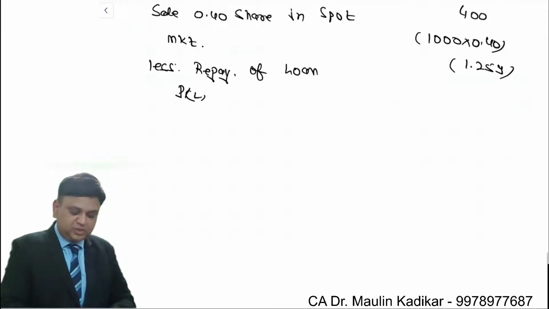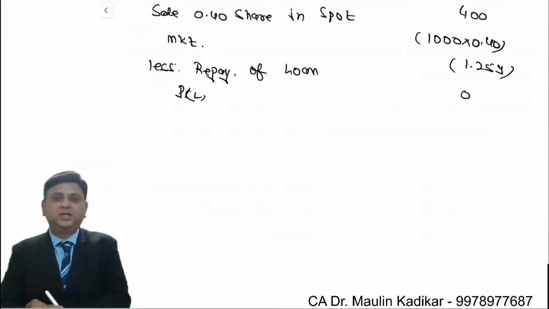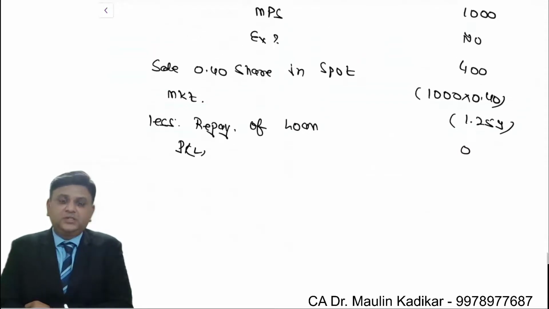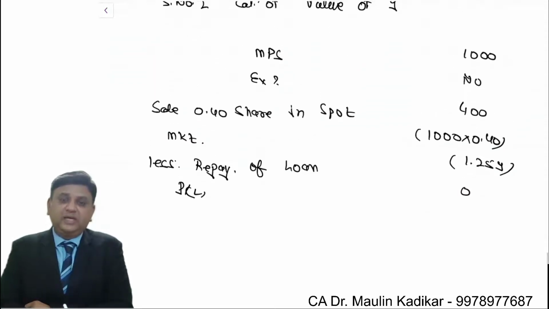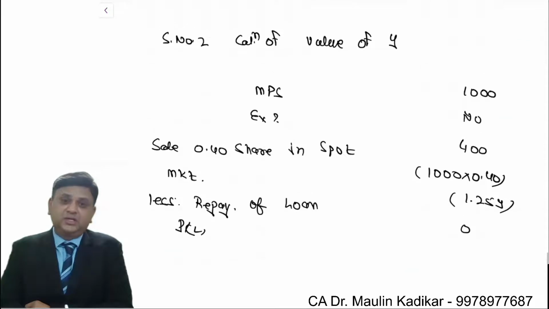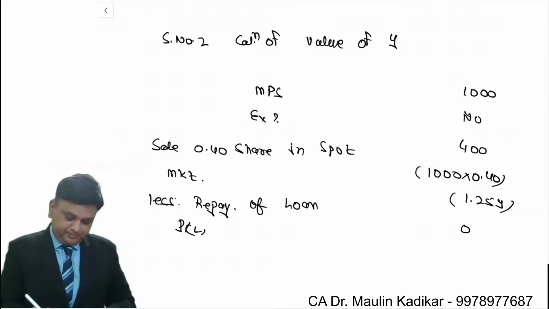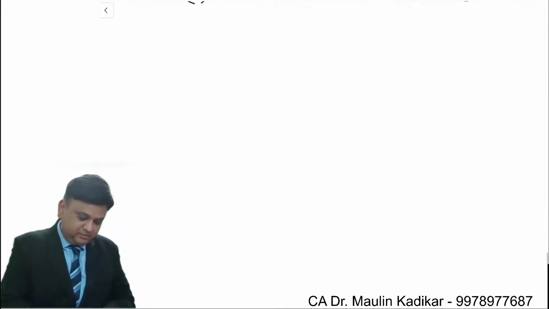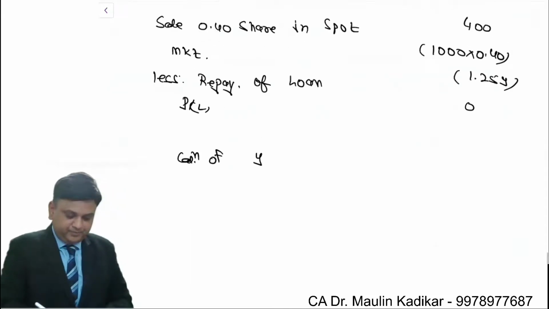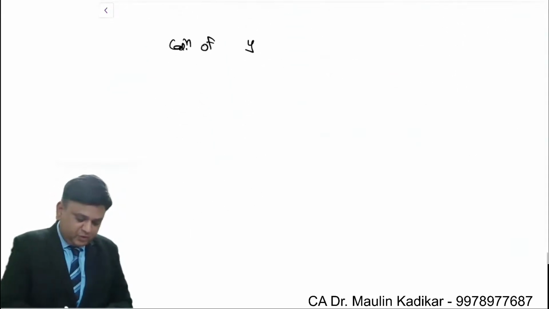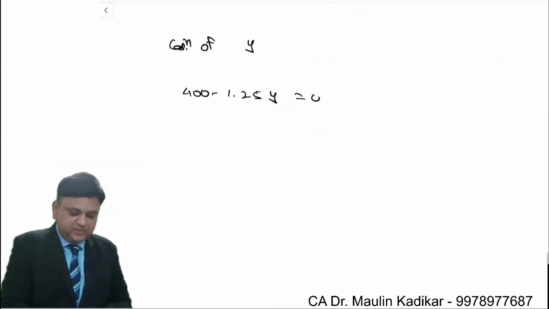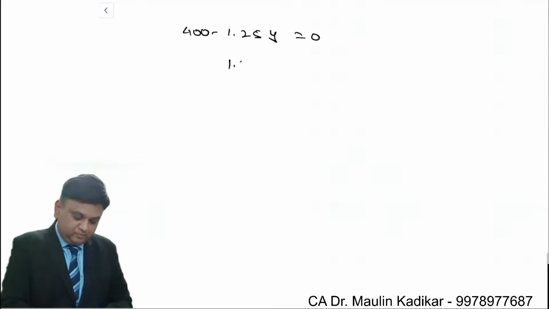Importantly, the profit or loss will be taken as 0. Why 0? Because we want to calculate the premium amount in an equilibrium situation. It means that the option seller is having no profit, no loss situation. Now, calculation of Y. 400 minus 1.25Y is equal to 0.